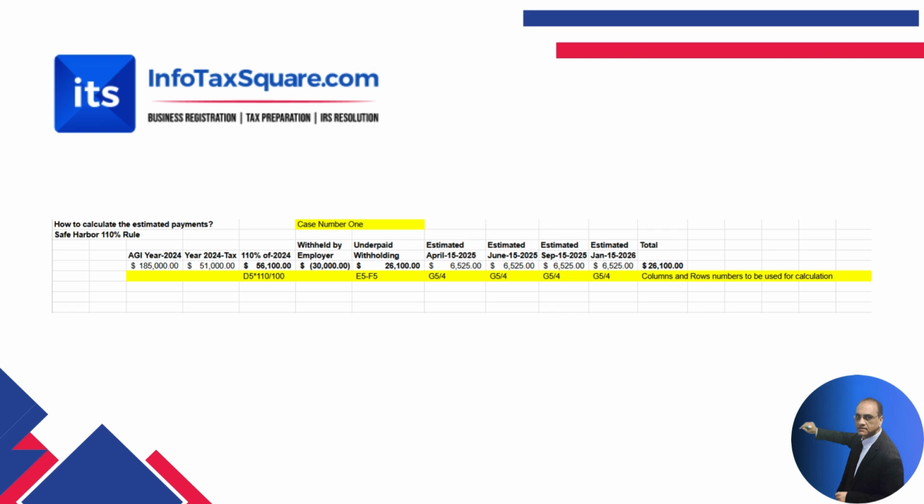Since his AGI exceeded $150,000, he is required to pay 110% of $51,000. Because what are the safe harbor rules? A taxpayer either has to pay 90% of the current year or 100% of the prior year, or if the AGI is more than $150,000, then he or she is required to pay 110% of the prior year.